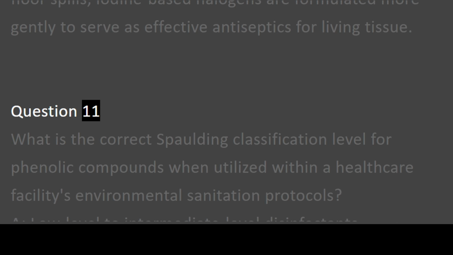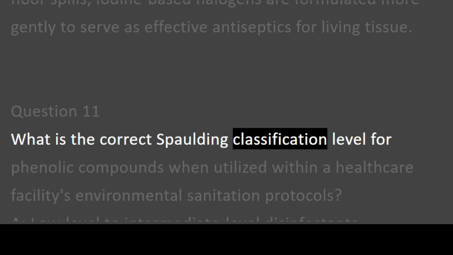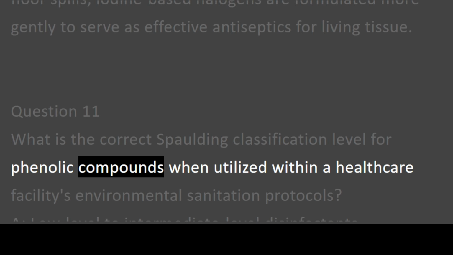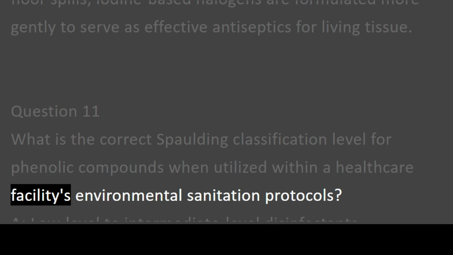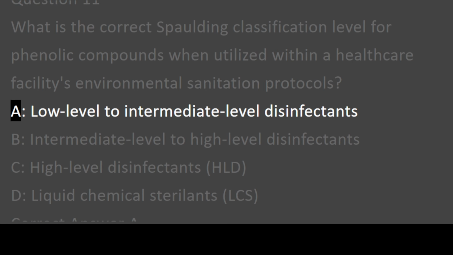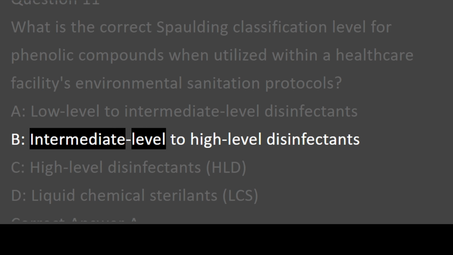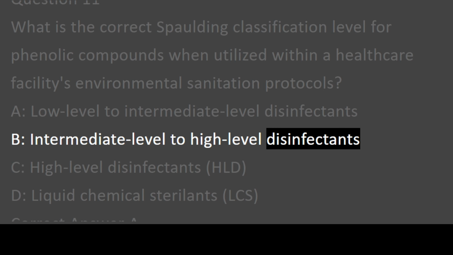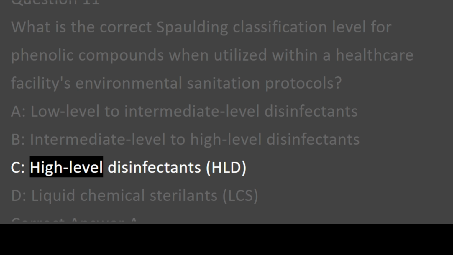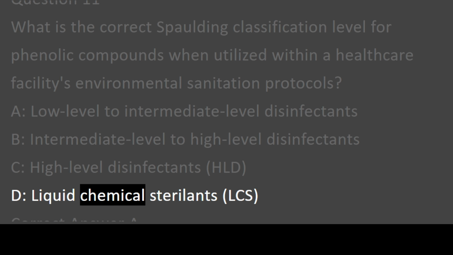Question 11. What is the correct Spalding classification level for phenolic compounds when utilized within a healthcare facility's environmental sanitation protocols? A. Low-level to intermediate-level disinfectants. B. Intermediate-level to high-level disinfectants. C. High-level disinfectants, HLD. D. Liquid chemical sterilants, LCS.